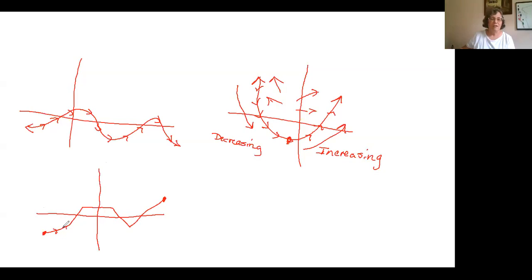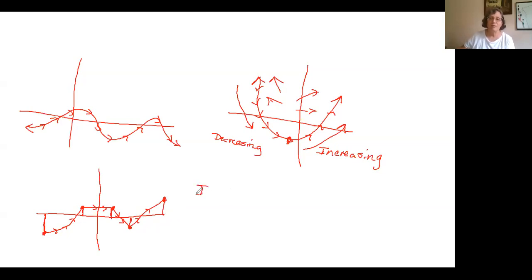Here, it's going up until it gets to this point. It's flat to this point. It's going down to this point, and then it starts going up again till it gets to here and it stops.